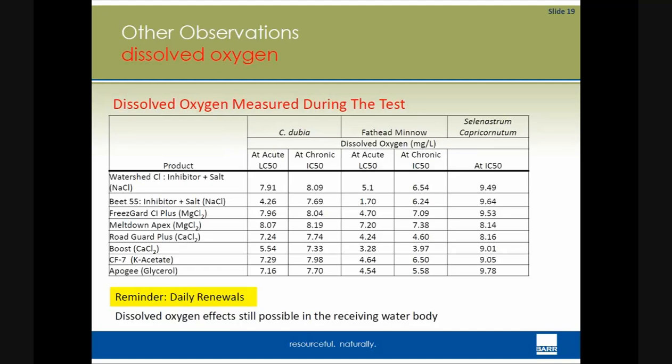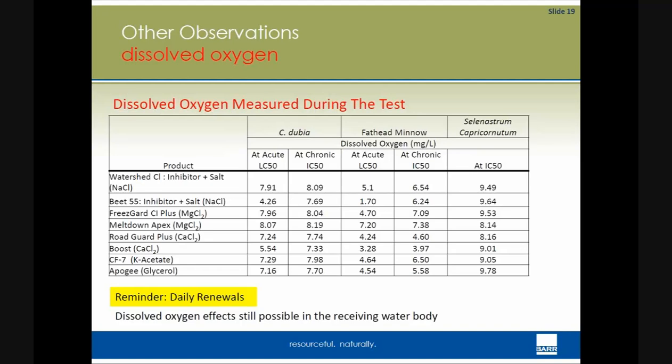But basically what this table shows is that during this test, dissolved oxygen did not drop for most of the products to a point which may cause toxicity, but the exception may potentially be B55, which had a little bit more oxygen loss than the other products. But I don't know if that's really the reason why that one would show up as more toxic.